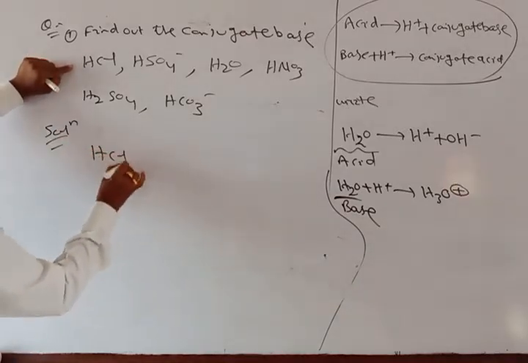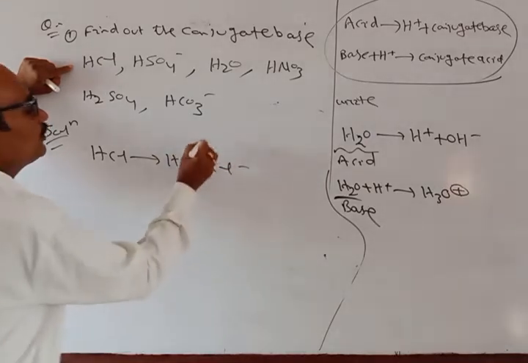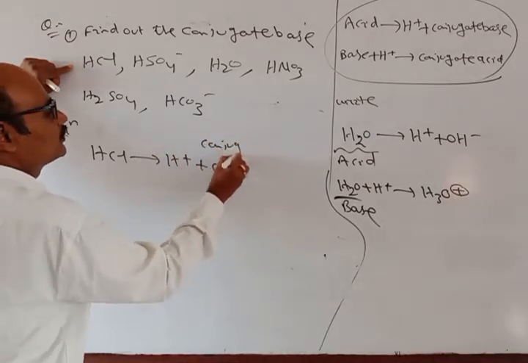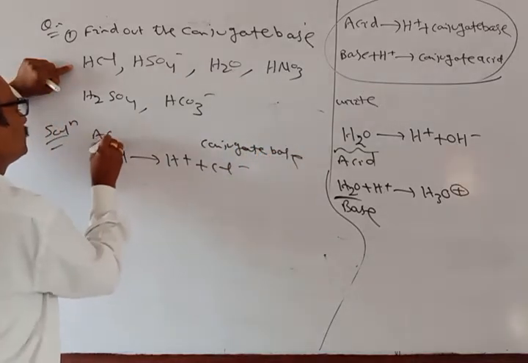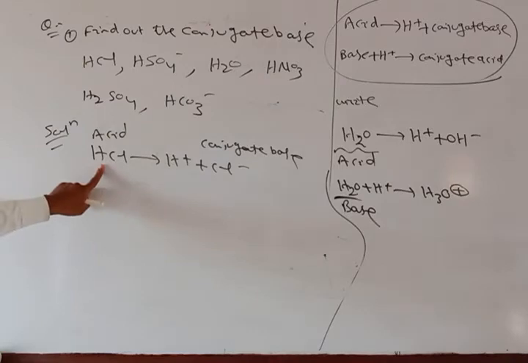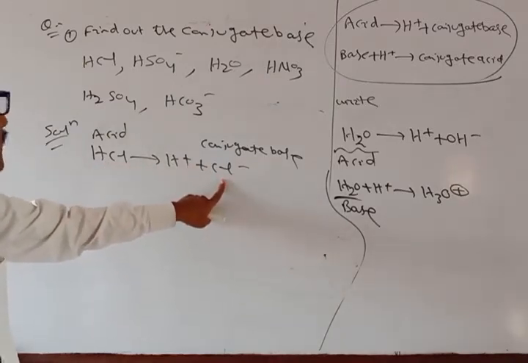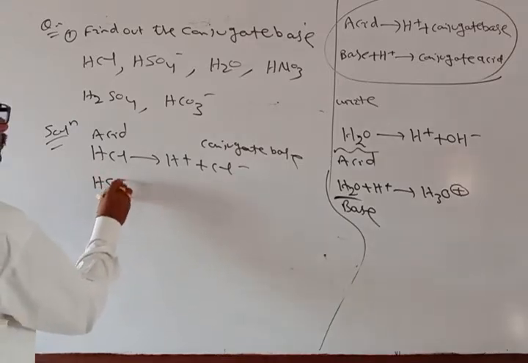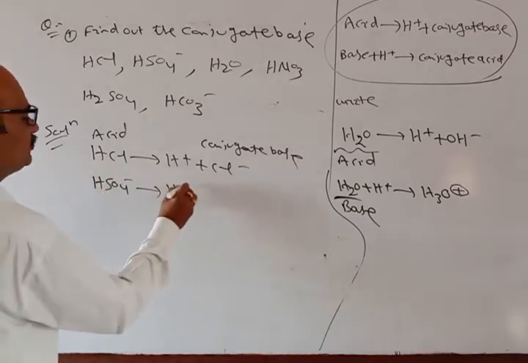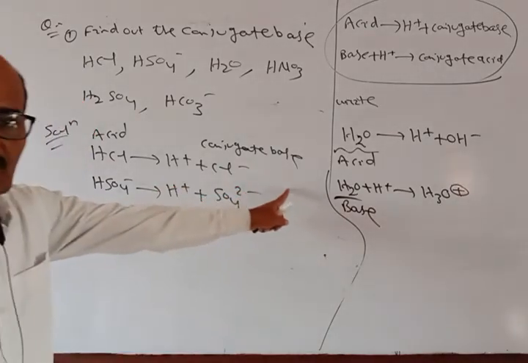So HCl gives H plus and Cl minus. So this is the conjugate base, and this is the acid. The acid gives the proton and the remaining part is the conjugate base. Similarly, HSO4 minus gives H plus and SO4 2 minus is the conjugate base.